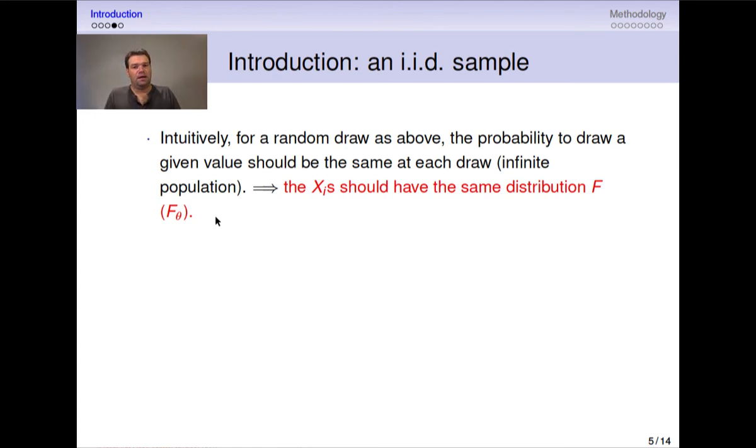And thus, draw after draw, you have the same distribution for each xi. But this is the case of a finite population. We don't have this problem with an infinite population, as we said.